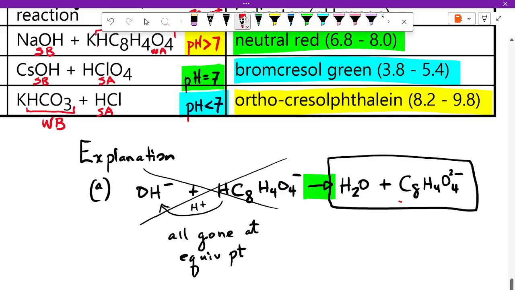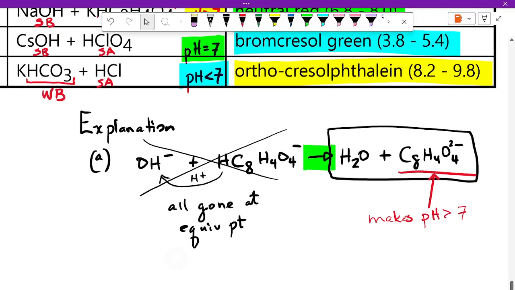This guy here makes the pH greater than 7. How does it do that? By hydrolyzing. At the equivalence point, if there's ever a pH different than 7, it's always because of hydrolysis. So it does it by hydrolyzing and producing OH minus.